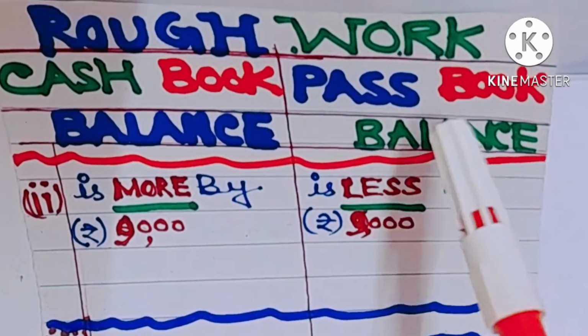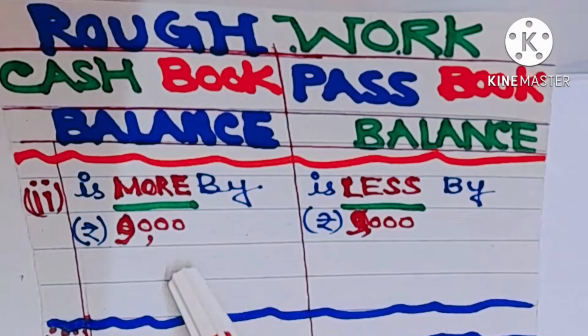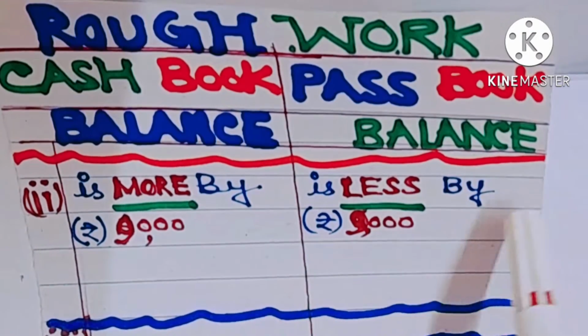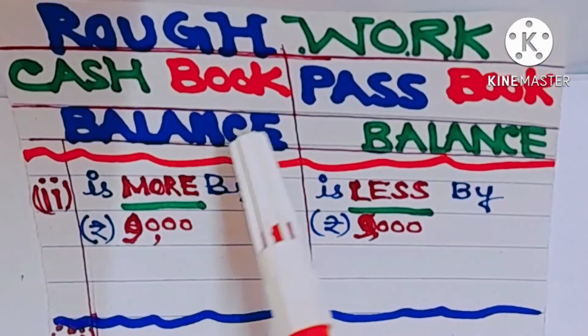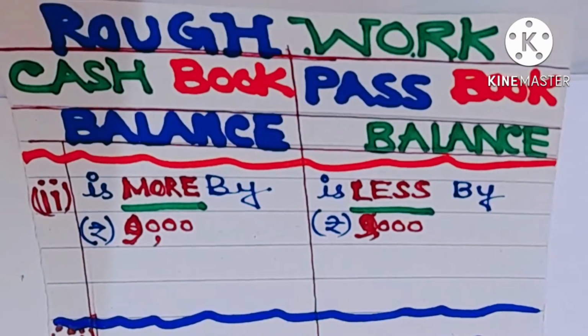Okay, so passbook balance is less by rupees 9,000 and cash book balance is more by 9,000, and we cannot touch the passbook. Why? Because only the cash book is given to us in the problem, but the passbook is not given to us in the problem.